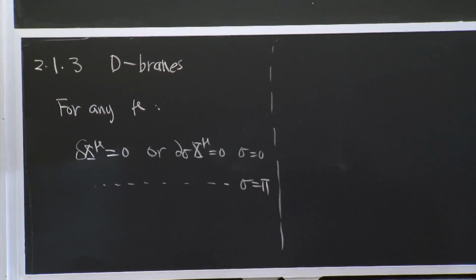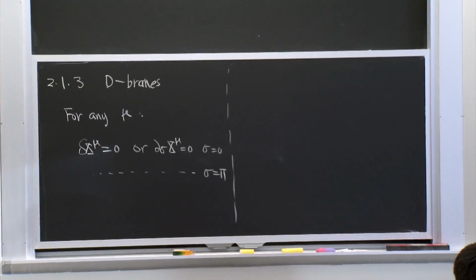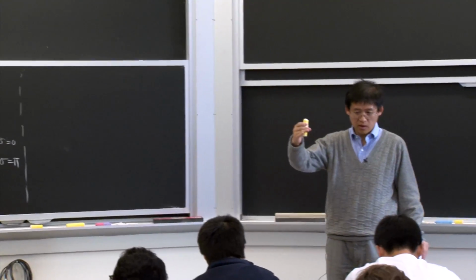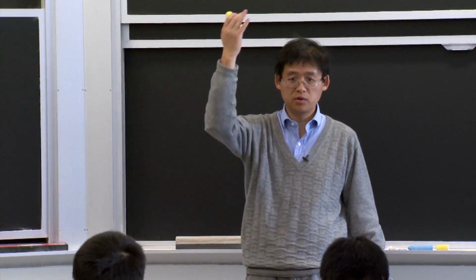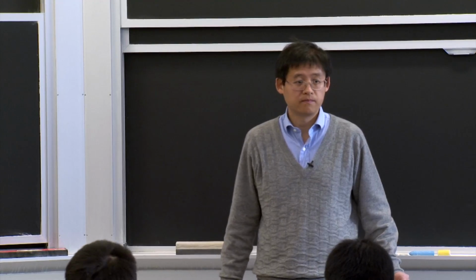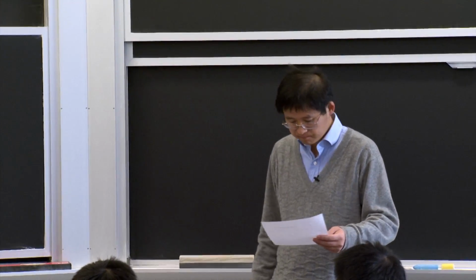So altogether you have 4 possible boundary conditions for each direction. If you consider all possible directions, there are many, many different boundary conditions.